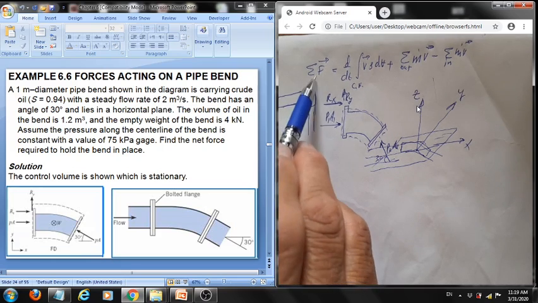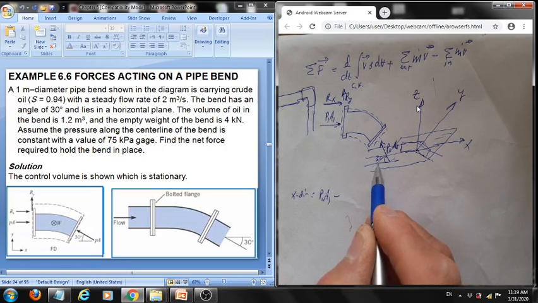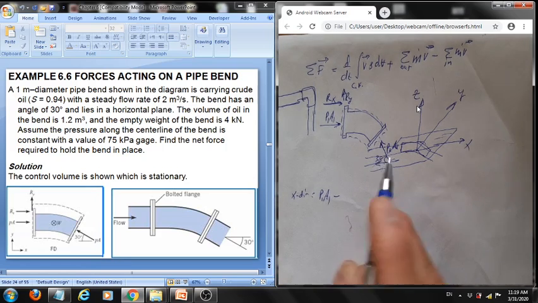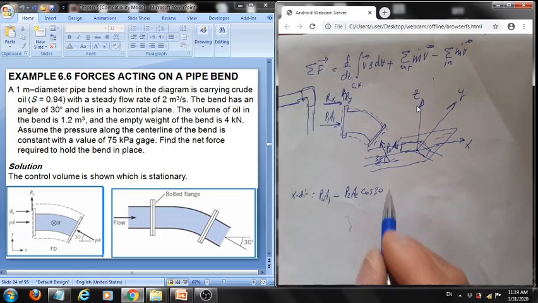So, the summation of forces in the X direction, we have P1A1 minus, notice, because this is acting in the negative direction, we need only this component, which is P2A2 cosine 30, plus Rx, which we need to find.